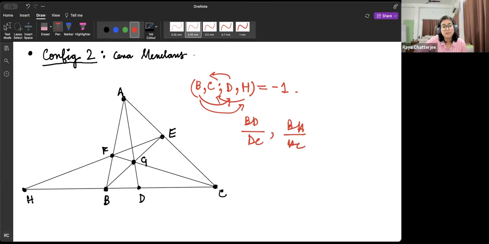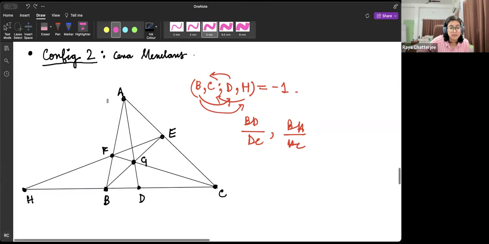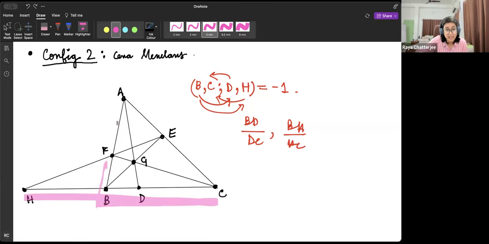BD by DC we can of course get by Ceva in ABC, and BH by HC is obviously Menelaus, because what is the statement of Menelaus? It is HC by CB times BF by FA times AE by EC, all directed, is equal to -1.